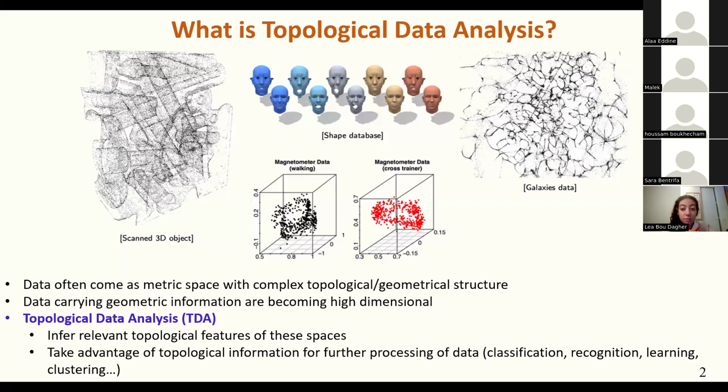Another observation would be data in the form of galaxies, so the position of each galaxy in space could also be studied. Or the data could be an image, like a face, and we try to recognize the facial expression of an individual to analyze whether he's happy, sad, and so on.